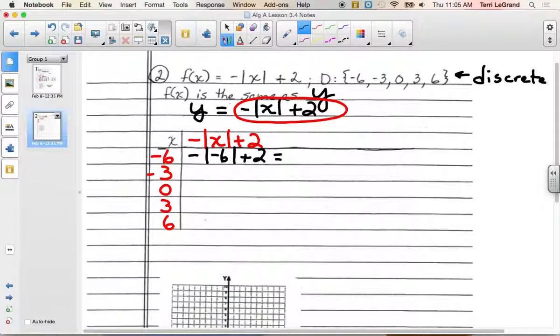So this negative sign is coming over. The absolute value of -6 is 6. We're getting rid of the absolute value bars. We're down to -6 plus 2. Is it -4? So we have a -4 for our y.